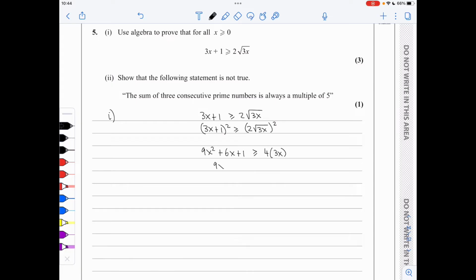So 9x squared plus 6x plus 1 is greater than or equal to 12x. I will collect everything on the left-hand side to get 9x squared minus 6x plus 1 greater than or equal to 0, which is a perfect square. (3x minus 1) all squared greater than or equal to 0.